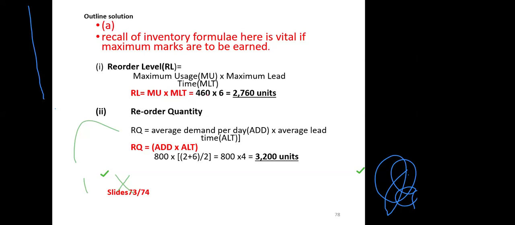So reorder level: maximum usage times maximum lead time, we have that figure there. Reorder quantity, that is average demand times the average lead time.